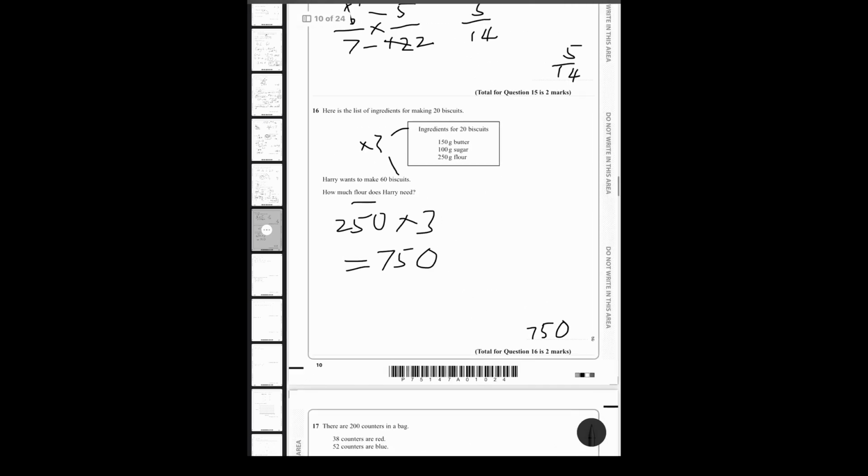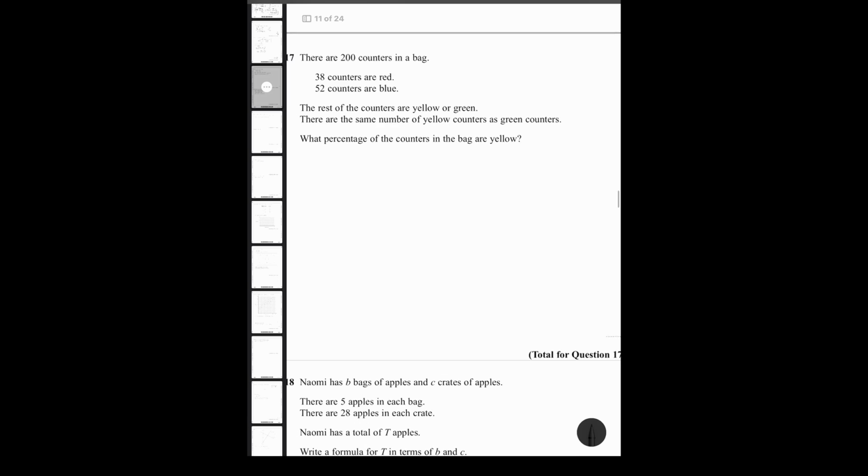So, now question 17. There are 200 counters in a bag. 38 are red, 52 are blue, the rest are yellow or green. There are the same number of yellow counters as green counters, right?